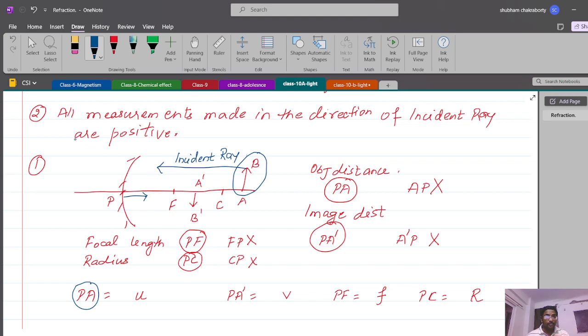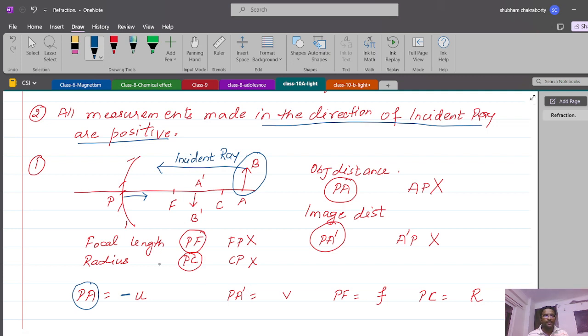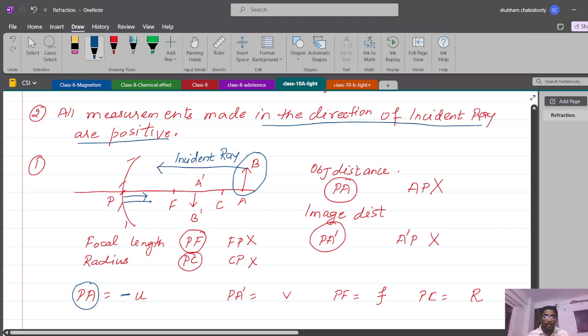What does the second rule say? All measurements made in the direction of the incident ray are positive. But this is not in the direction of the incident ray, it is opposite. Hence, it will become negative. So what is the image distance? Incident ray is in this direction. The name of the image distance is PA dash. Again, starts from P, goes towards A dash.